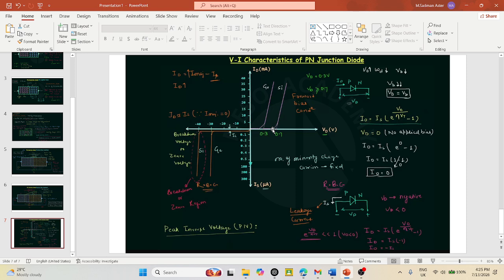As we increase the forward bias potential towards 0.7 volt, the barrier potential will keep on decreasing, and the depletion region width will keep on decreasing.